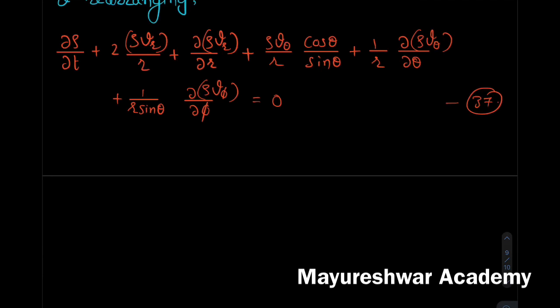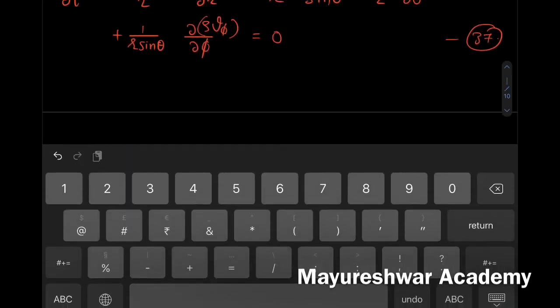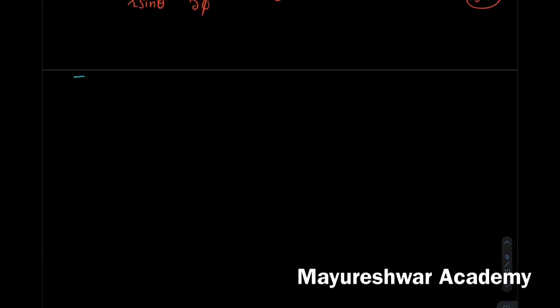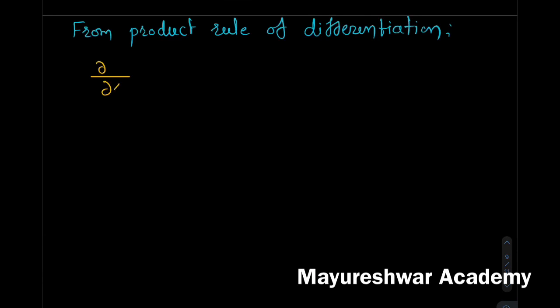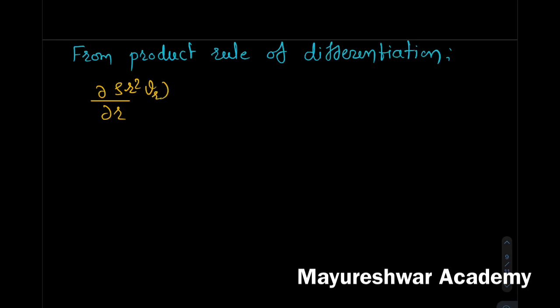Okay, so again we need to use the trick from the product rule of differentiation. We need to combine a few terms there. So let us say, from the product rule of differentiation, d dr of rho r squared vr, combining these terms, is equal to rho vr into partial over partial r of r squared plus r squared times partial over partial r of rho vr.